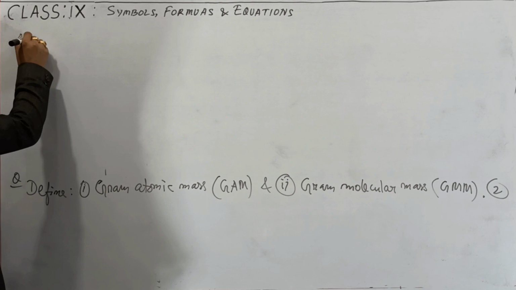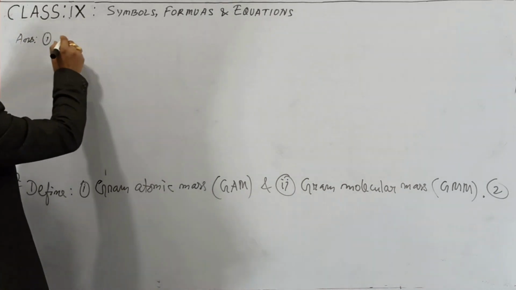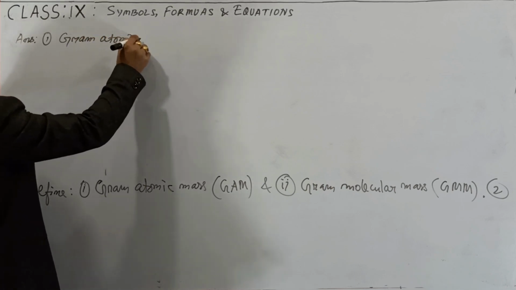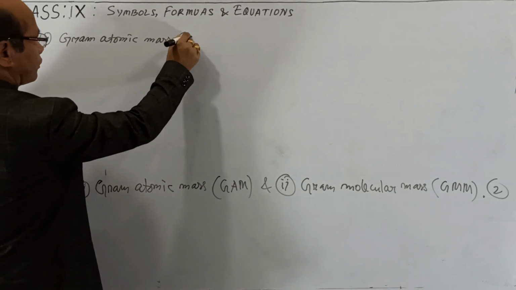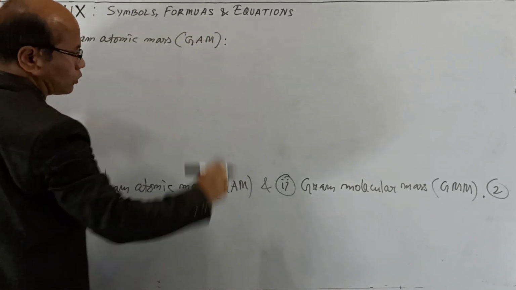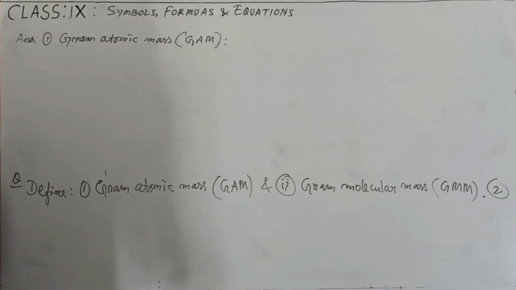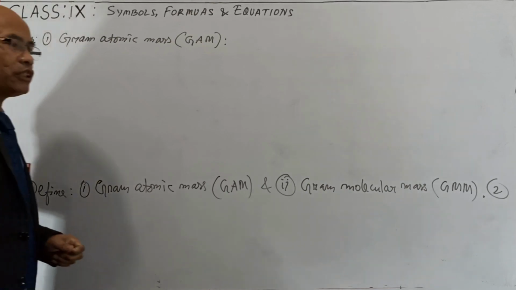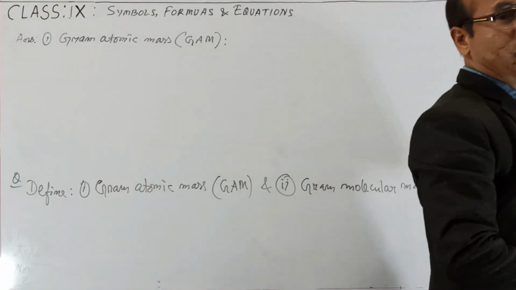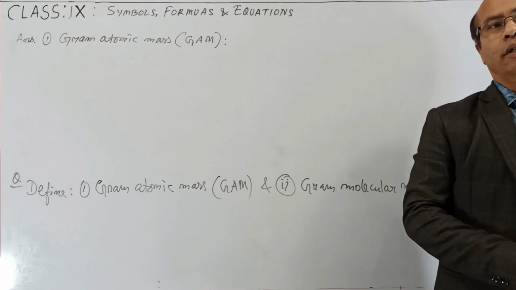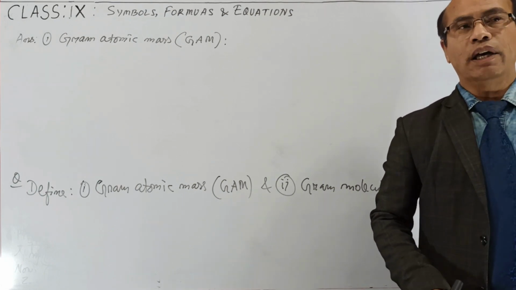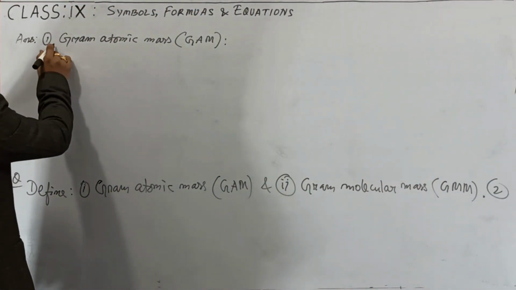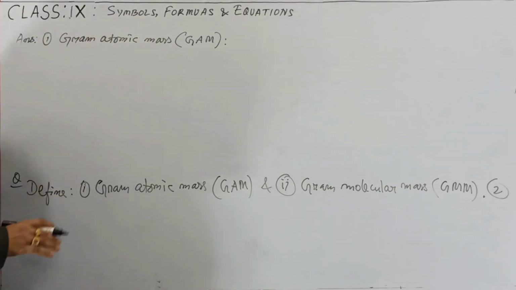Answer. Gram atomic mass. We already learned about the atomic mass of an atom. Atomic mass of an atom is measured in atomic mass unit, and it is also called unified mass U. But when we want to know what gram atomic mass is, it's very simple.